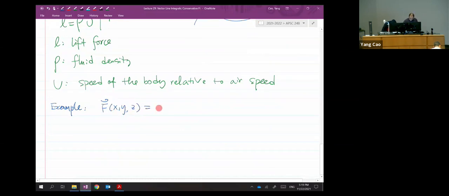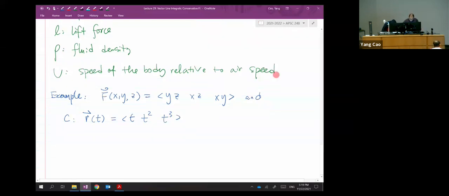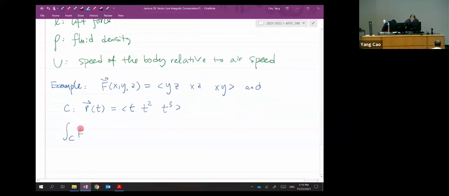Given a vector field (yz, xz, xy) and a curve C: (t, t^2, t^3), we want to calculate the vector line integral over the curve C.